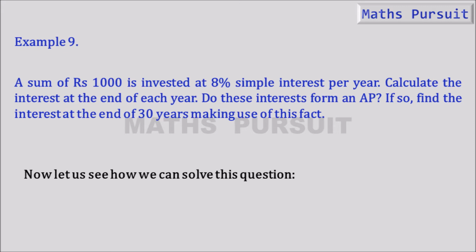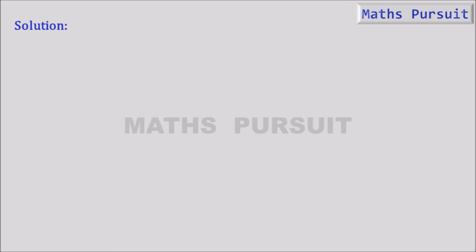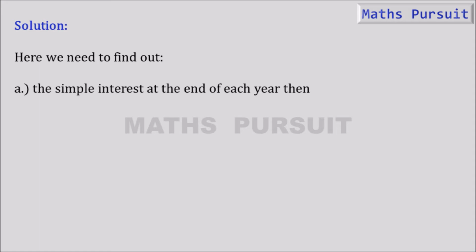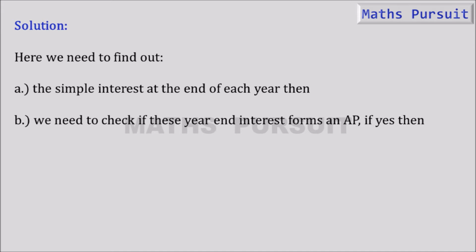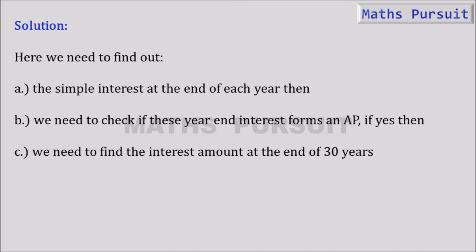Now let's see how we can solve this question. Coming to the solution, here we need to find out the simple interest at the end of each year. Then we need to check if this yearly interest forms an AP. If yes, then we need to find the interest amount at the end of 30 years. Guys, this question is quite straightforward. There are three parts.